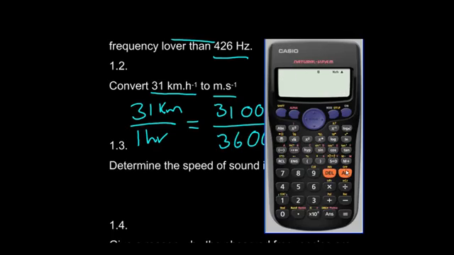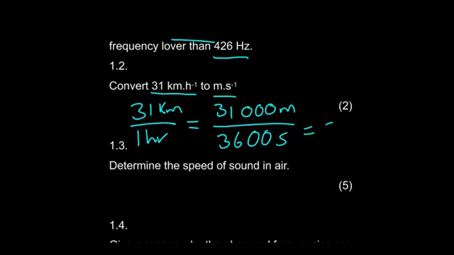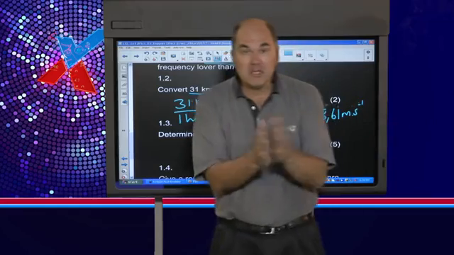So 31,000 divided by 3,600 gives me an answer of 8,61 meters per second. Excellent. We're ready to move on.